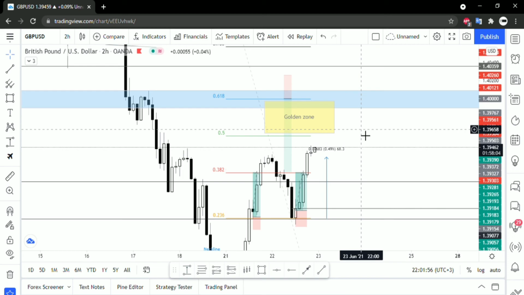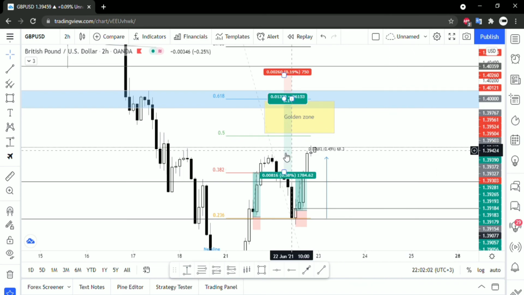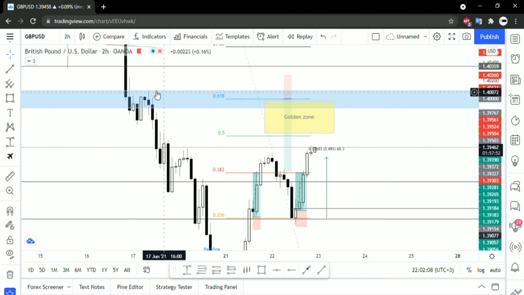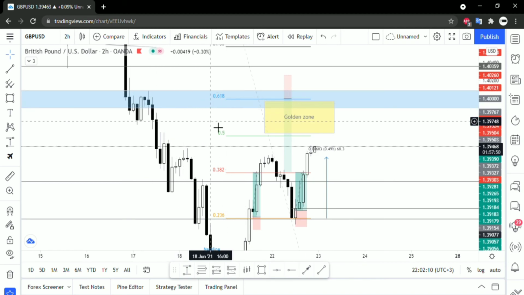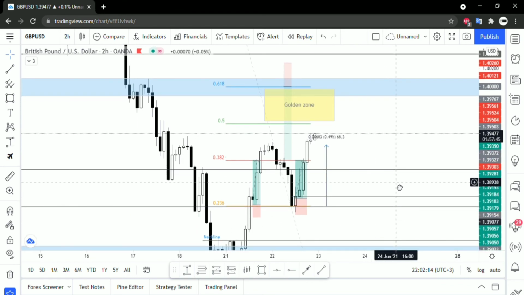We'll continue to catch more pips, and I hope you guys are studying how the market is moving and using these very easy tools to identify. You can see I only use the Fibonacci and some resistance levels, and just price action, to check how the price is reacting.